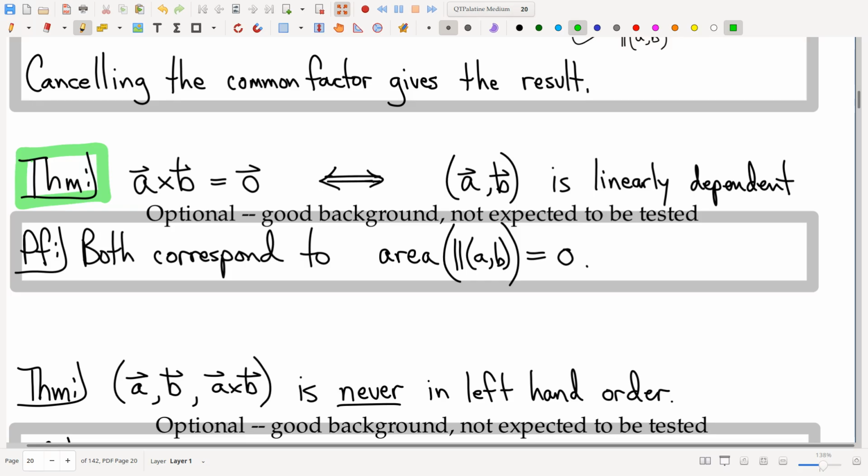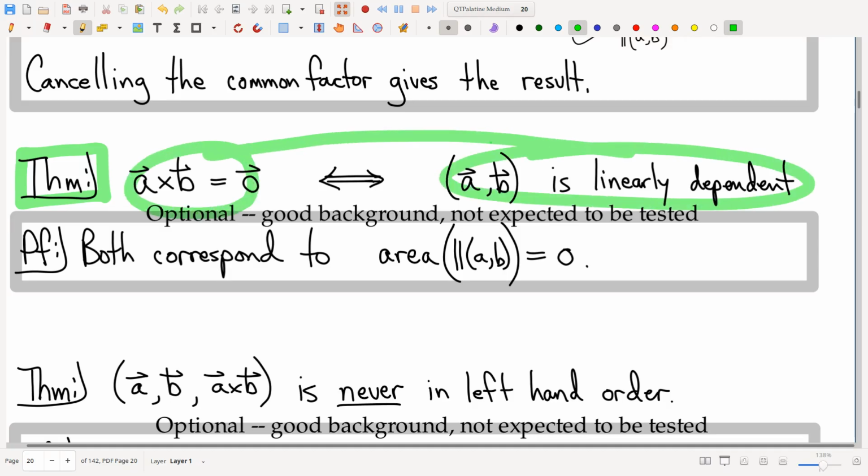This theorem says that if the cross product is 0, then possibly one of the vectors is 0. That's a little annoying. But parallel basically is the strong connection here. Those 2 vectors have to point in the same direction, again, or one of the other vectors is 0. So very analogous to a familiar result about dot products.